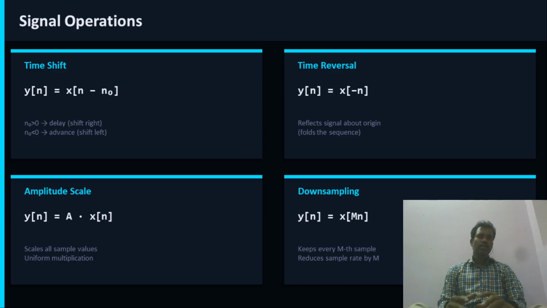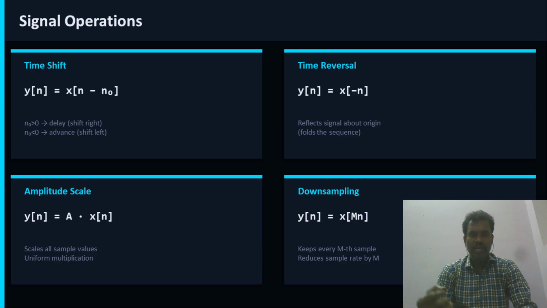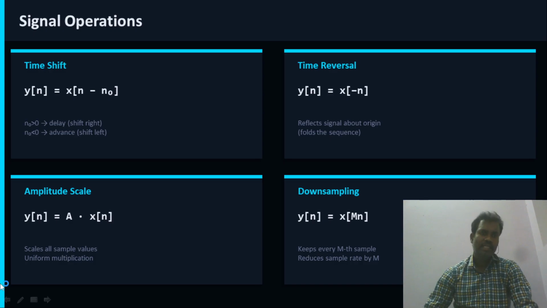One is the operations performed on time, or the independent axis, so with respect to the x-axis. The other is the operations performed on amplitude. Time is not changed, only on amplitude we perform some operations. Okay?